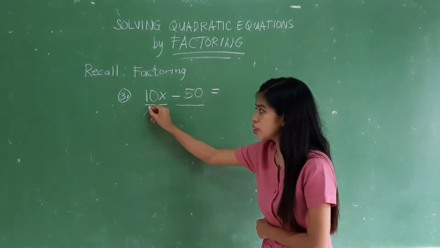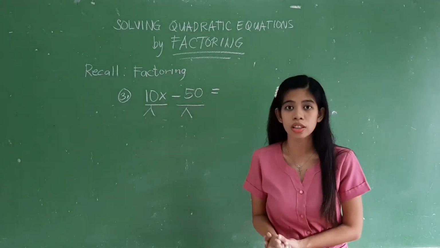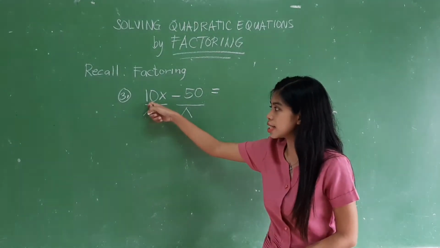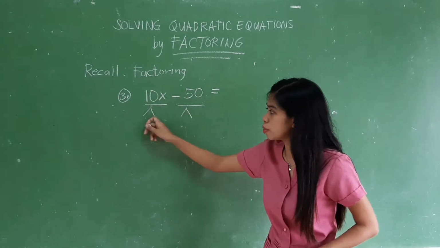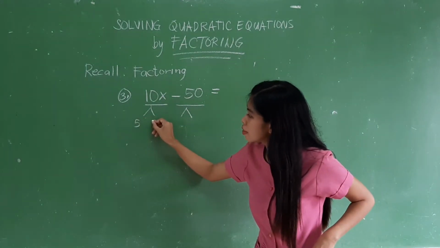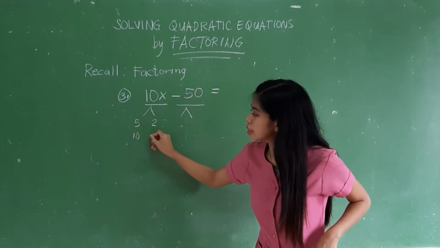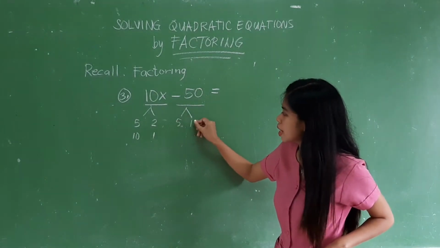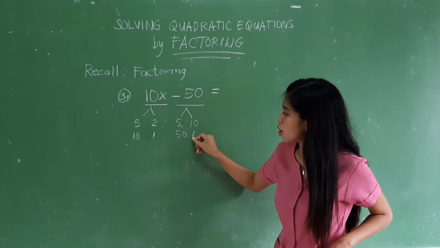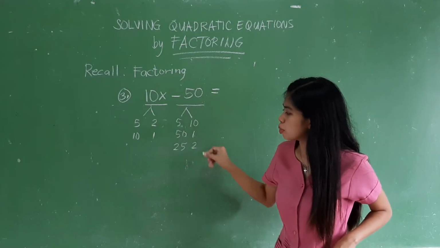Again, you just have to list down the factors of the numerical coefficients. In this case, that's 10 and 50 or negative 50. So it could be 5 times 2, 10 times 1, right? And this one could be 5 times 10, 50 times 1, 25 times 2.